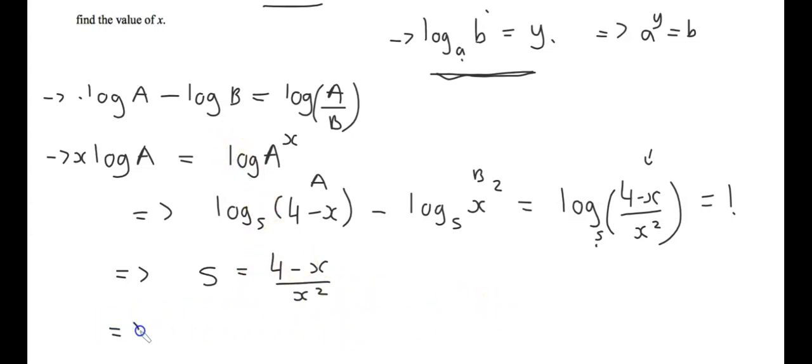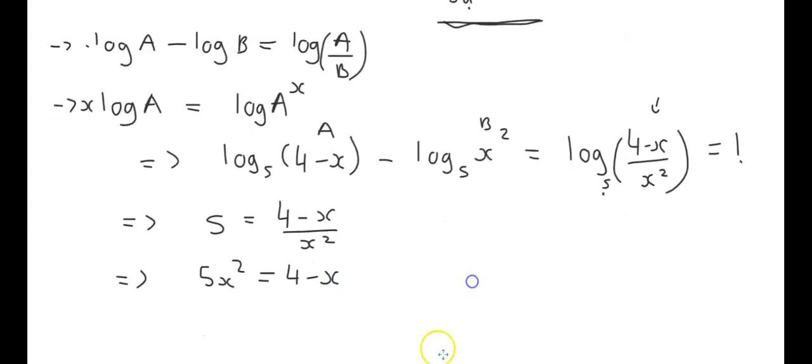So this times both sides by x squared to remove the denominator. So that's going to be 5x squared is 4 minus x. And because this is a quadratic, we want to get one side to equal 0. So it's always good practice to solve these. So let's take everything to one side and 0 on the other. So that will be 5x squared plus x minus 4 is 0.